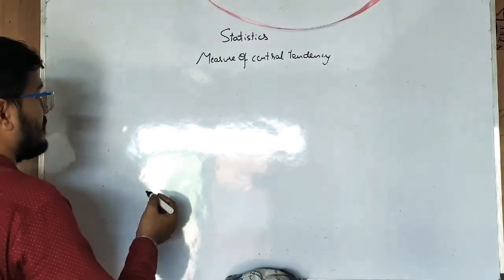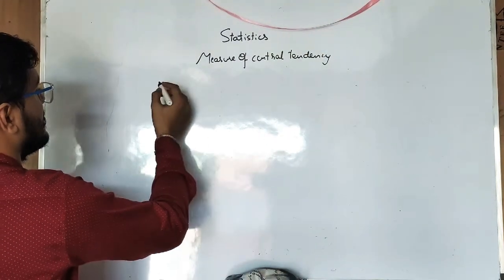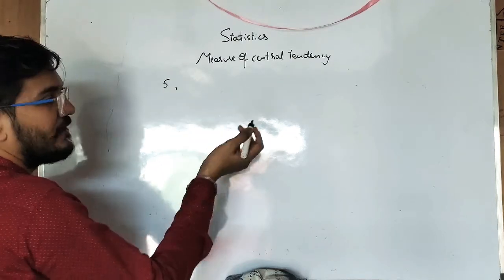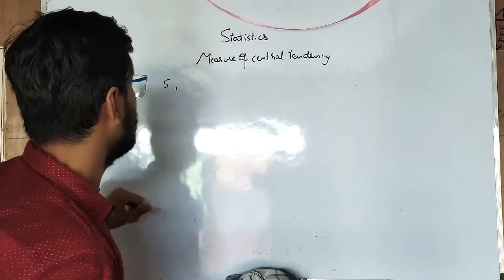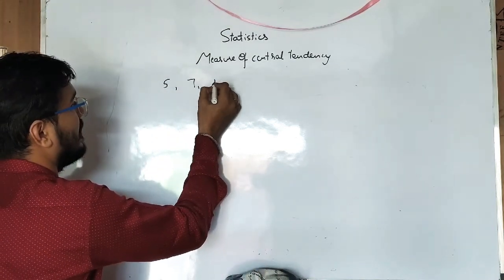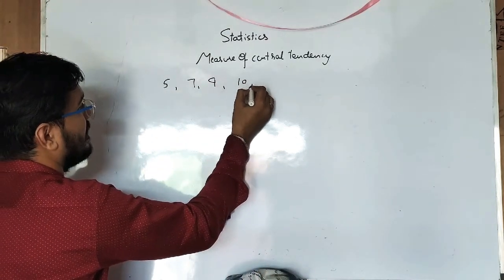Now suppose there are certain observations, like marks out of 10 of 5 students: 5, 7, 9, 10, 2.